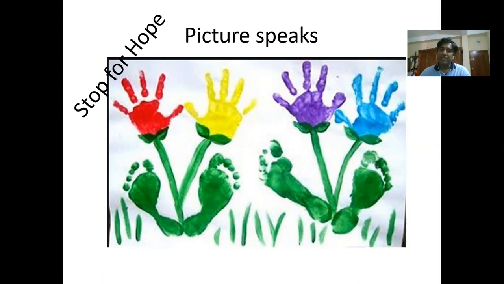If you see the human footprint, all the parts are not in the same plane. So when a foot is on the ground, some part touches the ground, some part doesn't.